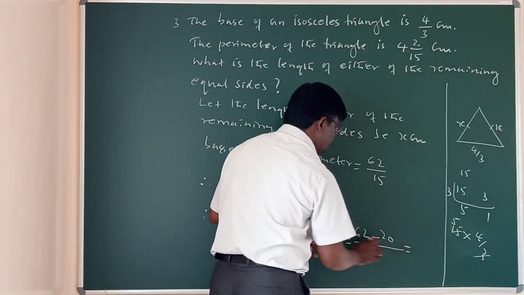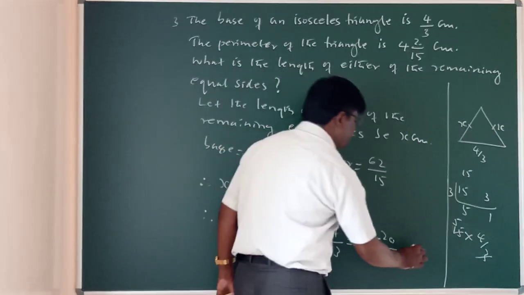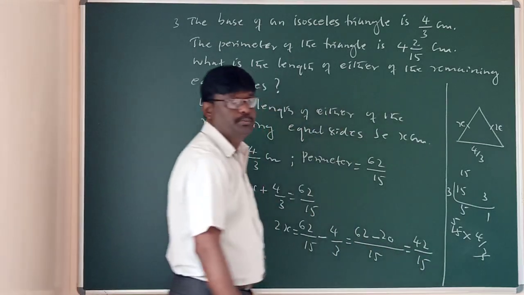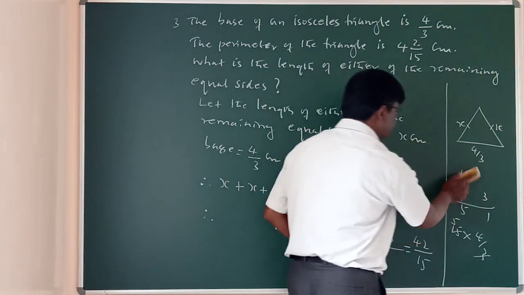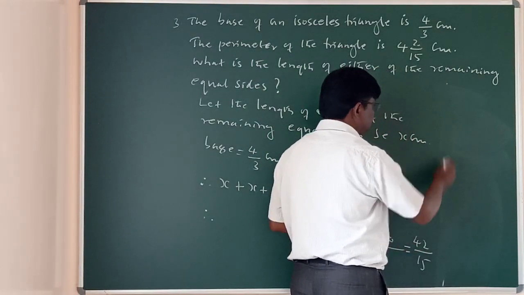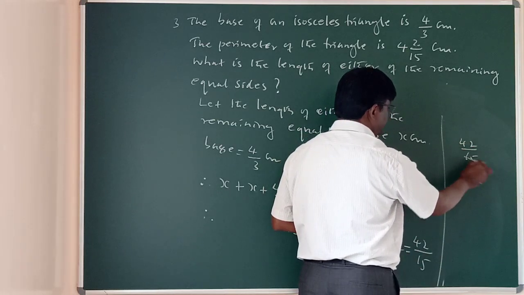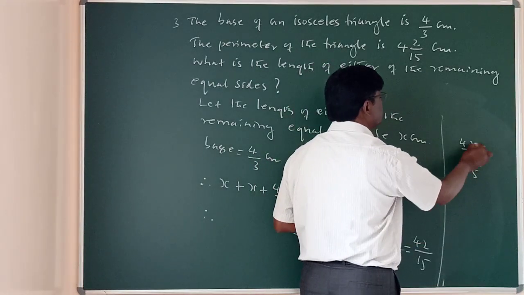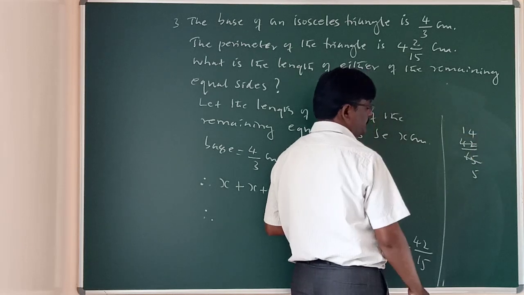So thus 62 minus 20 is 42 by 15. Then we shall divide this. 42 by 15: 3 fives are 15, 3 fours are 12.